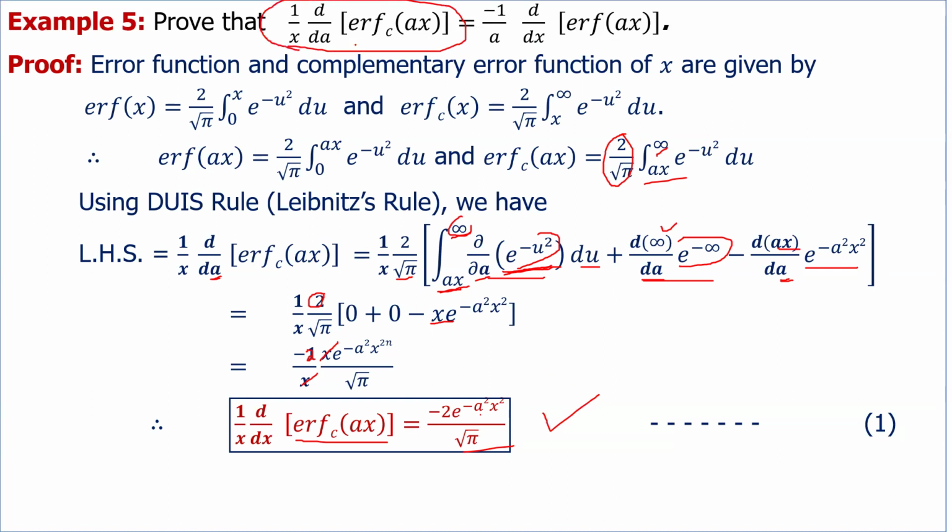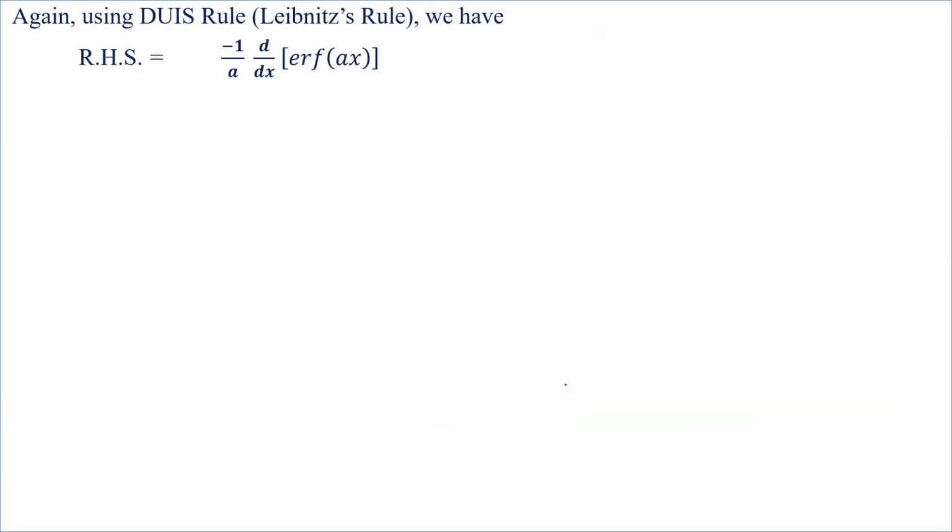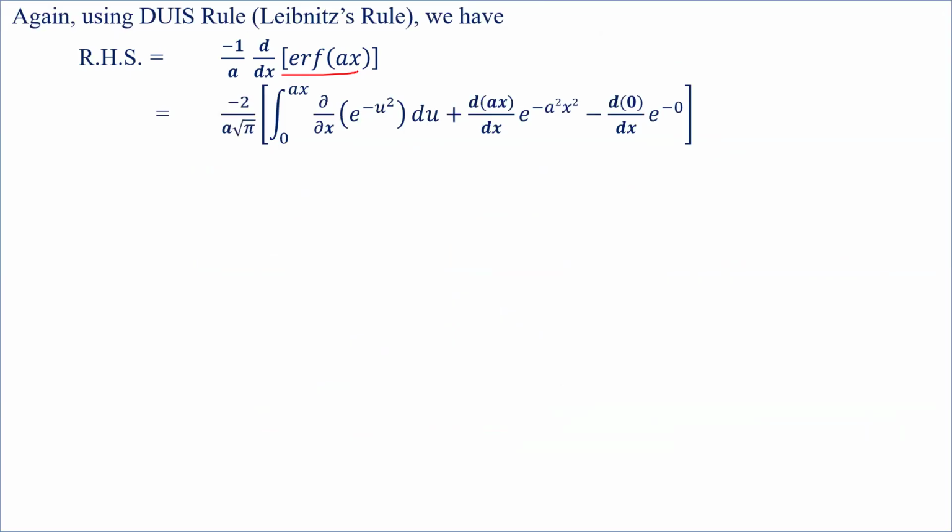Let us solve the second part also. We should get the same result, then our result will be proved. Again using Leibniz rule for the second part, minus 1 upon a times the derivative of the error function of ax with respect to x.